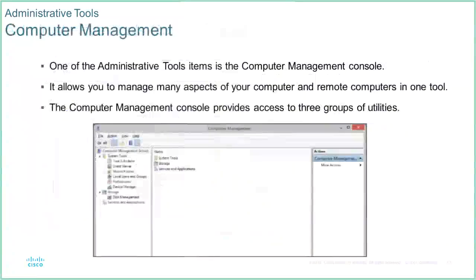But one of the things that you need to be able to use is the administrative tools under the computer management. So this gives you system tools, storage, scheduler, device manager. Under the storage, you've got the disk management, so you can adjust partitions and things like that in here.